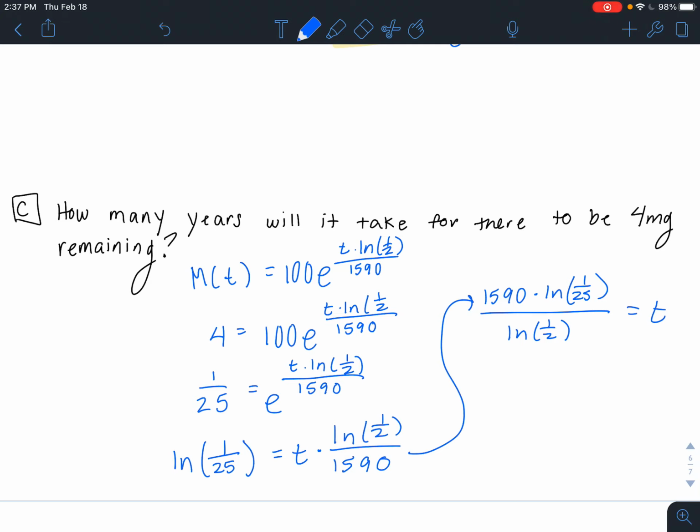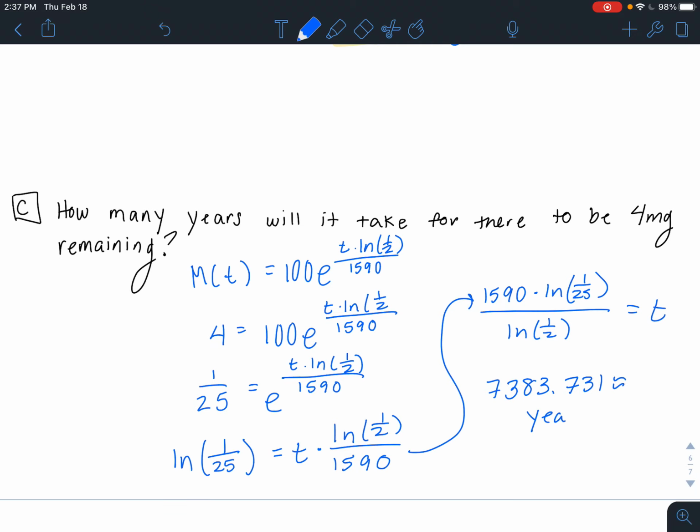Typing that into my calculator carefully, ln of 1 over 25 divided by the natural log of 1/2, it's going to take about 7,383.731 years.